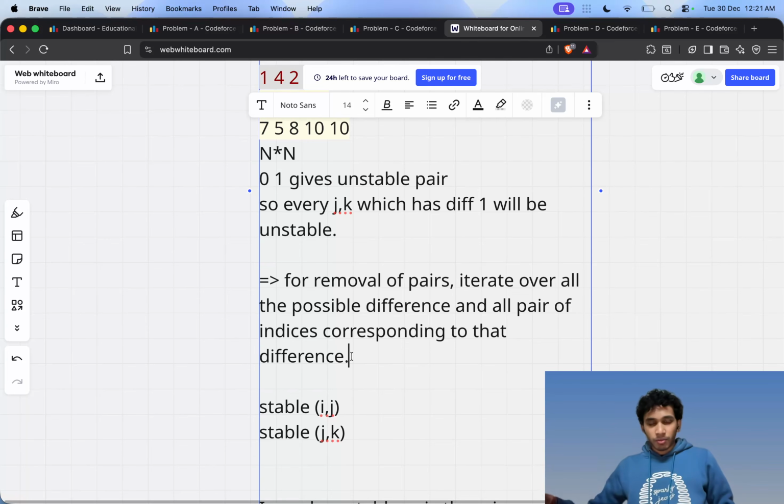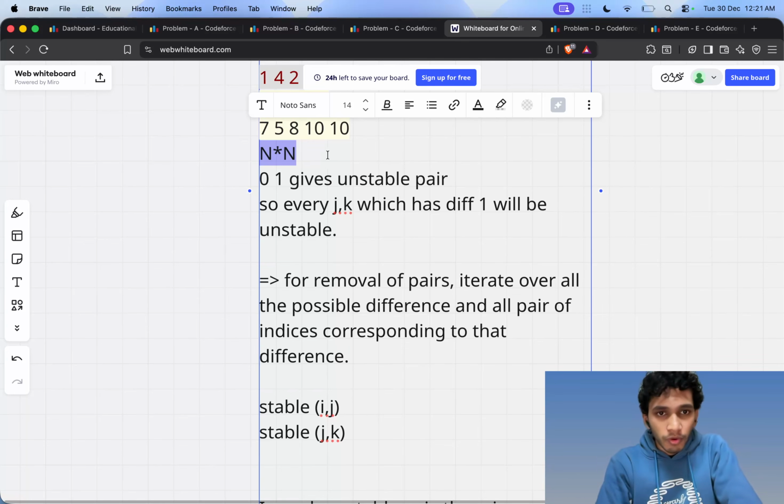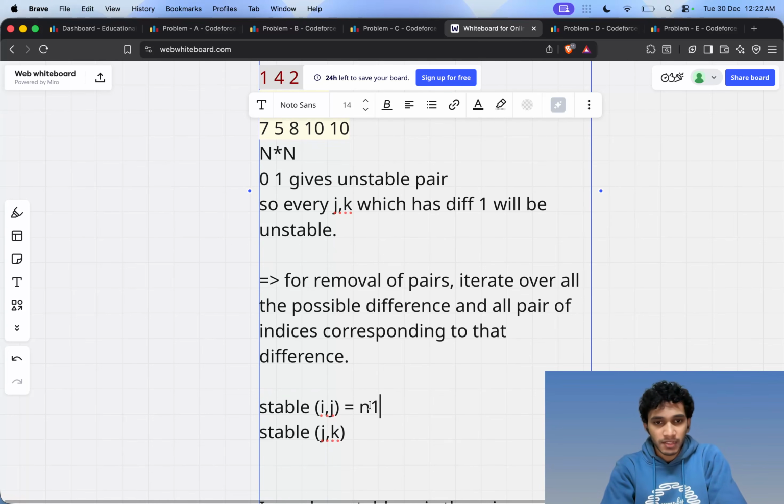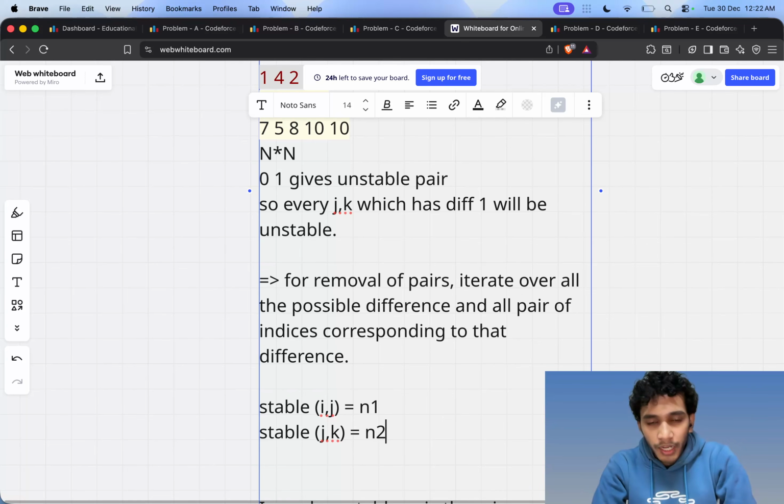That is, there were n square possible pairs, and we removed all the unstable ones. So how many are left? The criterion for the remaining ones is that they are all stable. So for each choice of i, we have, let's say, n1 stable j's, and for each choice of j, we have n2 stable k's.